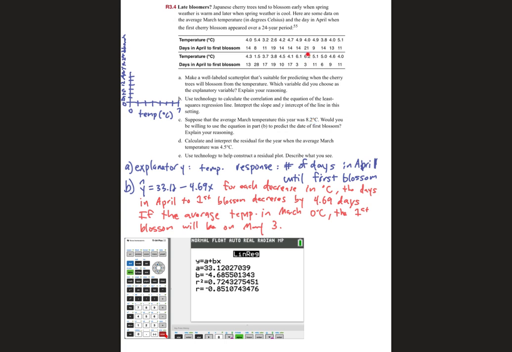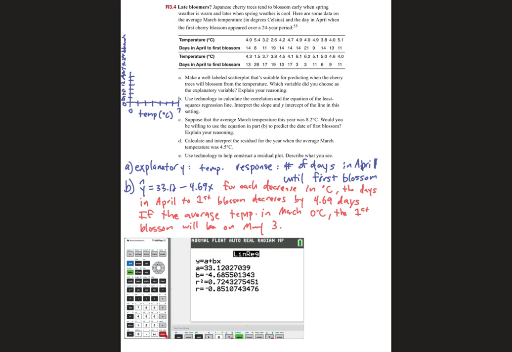The other biggest x values, I think, are 6.1 and 6.2. So that would be an extrapolation, and extrapolations are unreliable. So you'd probably not be willing to use the equation because that extrapolation would be unreliable.